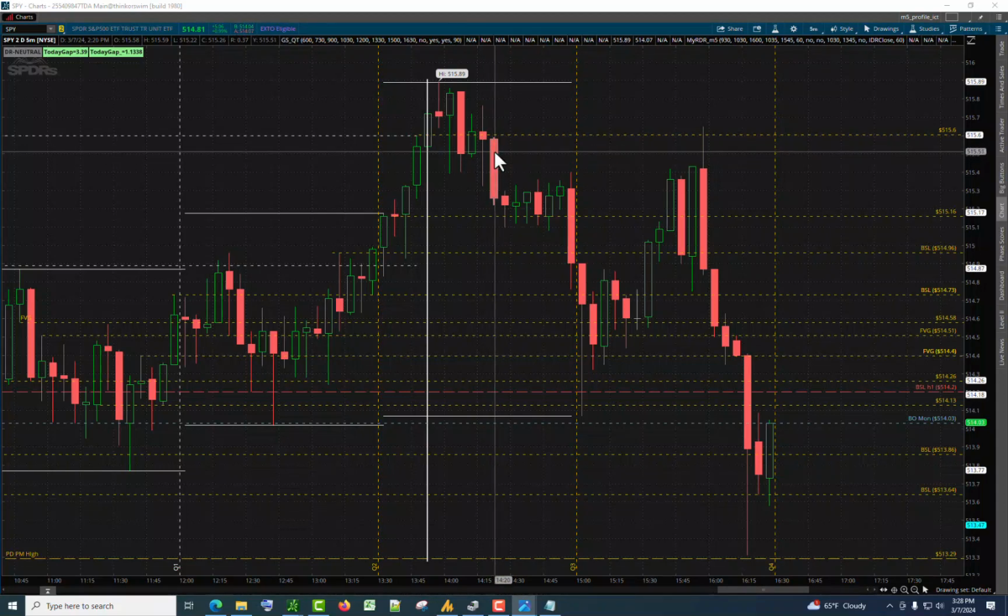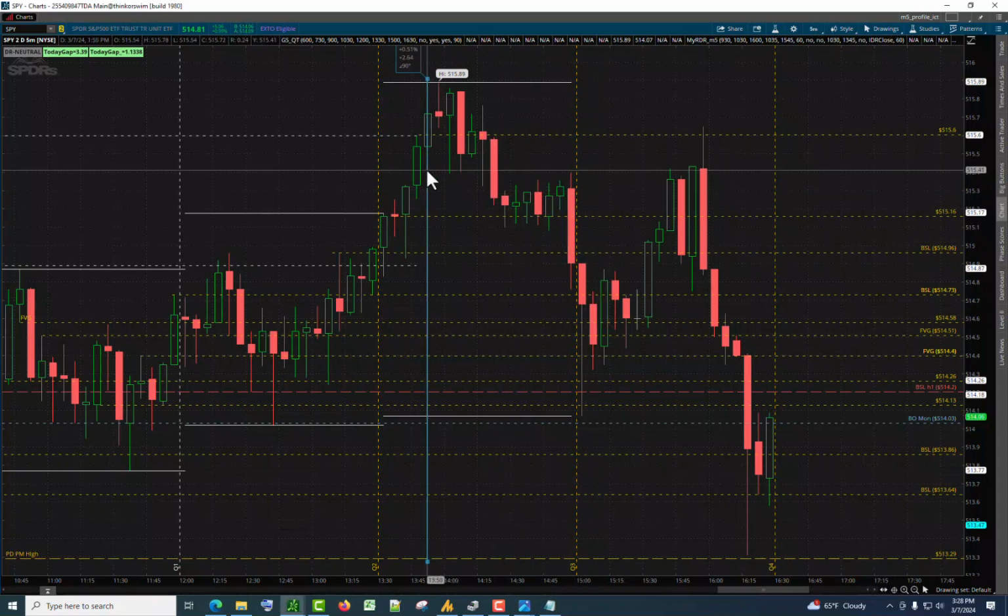So we were very shaky right there with fear. The fear took control of us. We should let it run, but in real time when it went back a little bit, we were nervous, so we got out at break even. But if we had let this trade go, it would have given us huge profit.